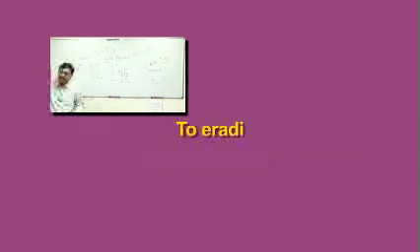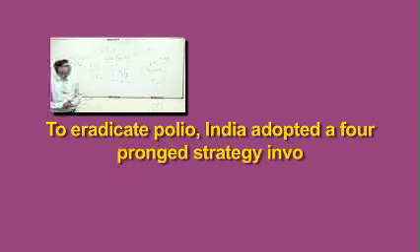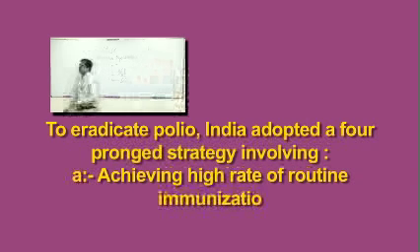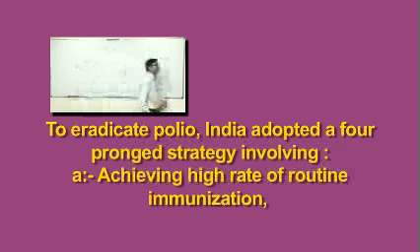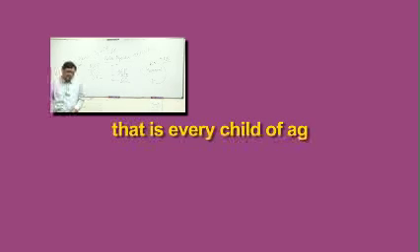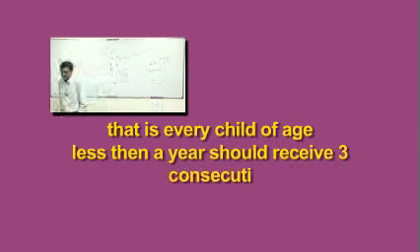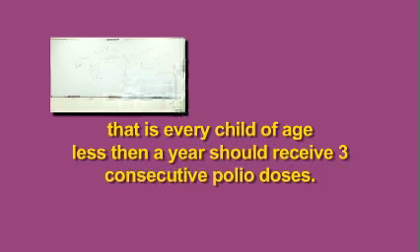To eradicate polio, India adopted a 4-pronged strategy involving, first, achieving a high rate of routine immunization, that is, every child of age less than a year should receive 3 consecutive polio dosages.